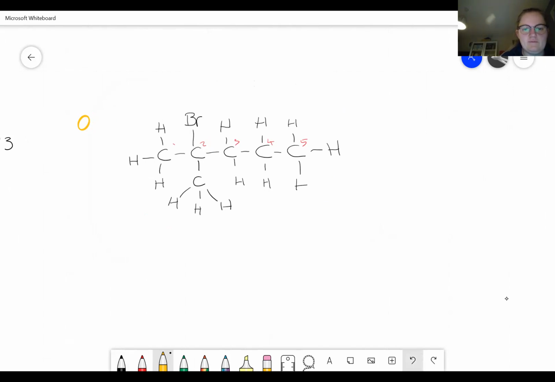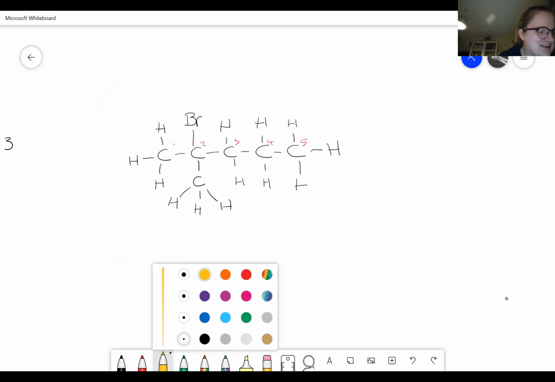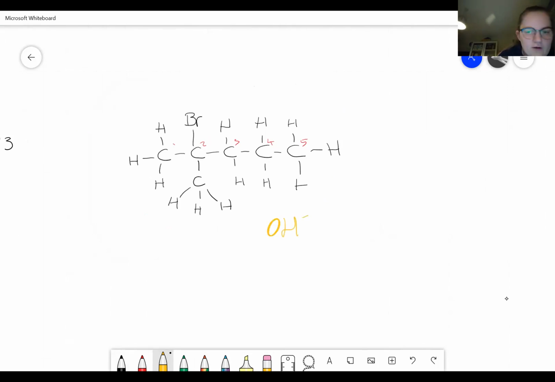I'm going to draw it down here this time, because we're going to attack at the third carbon. So this time, electrons are going to go to this hydrogen. It would help if my arrow was drawn a bit better.